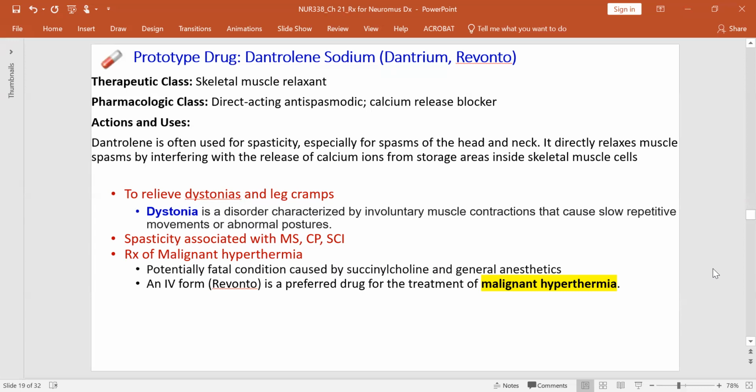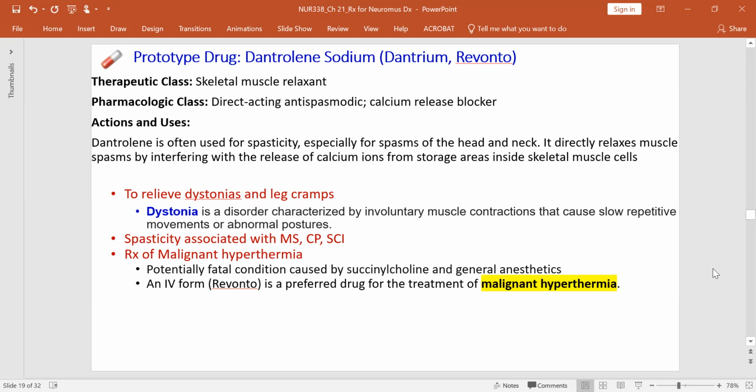If you recall, in the previous chapter on anesthetics, we said that malignant hyperthermia can result from succinylcholine, a muscle relaxant drug, or from general anesthetics.